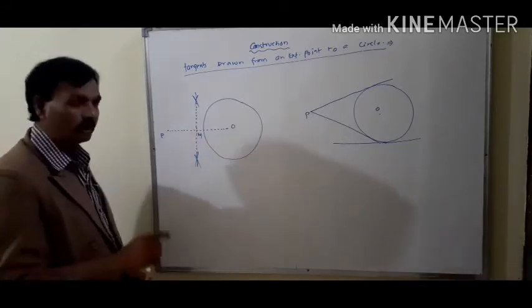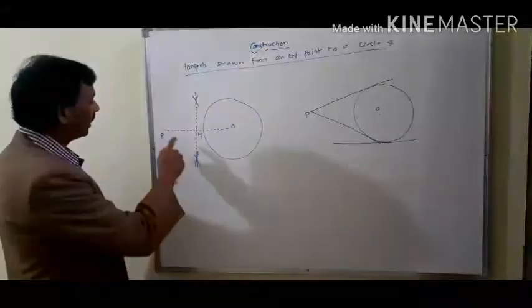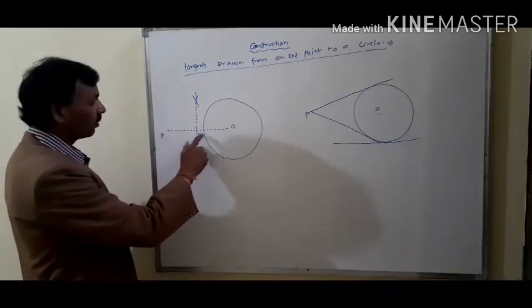Now we will take a radius equal to MP or OM.